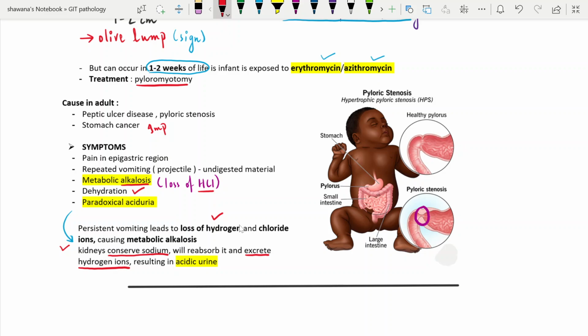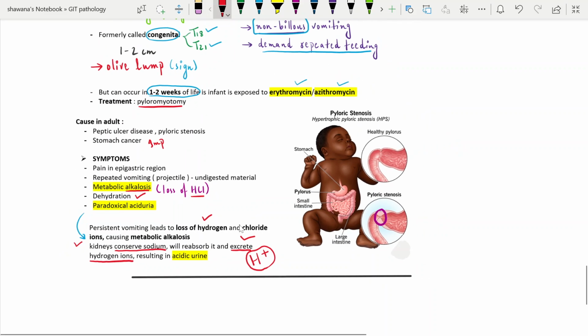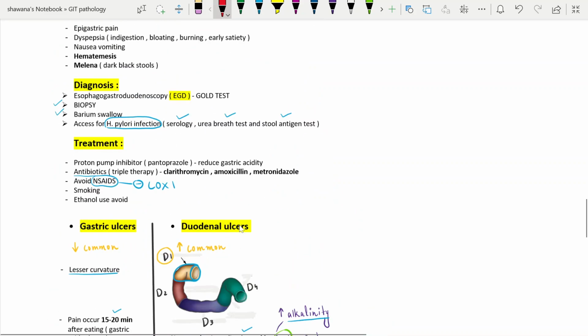So the kidney starts to conserve sodium. It will reabsorb sodium and excrete hydrogen ion as well in the urine. So when the hydrogen ions or protons are present in the urine, it would be acidic. So that's why the patient will suffer from paradoxical aciduria and metabolic alkalosis in case of the gastric outlet obstruction.